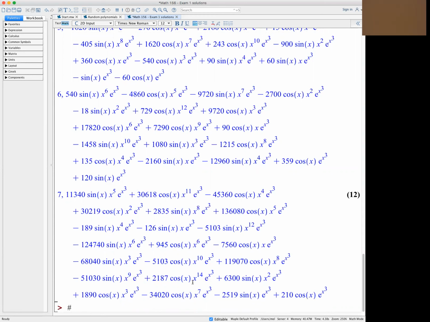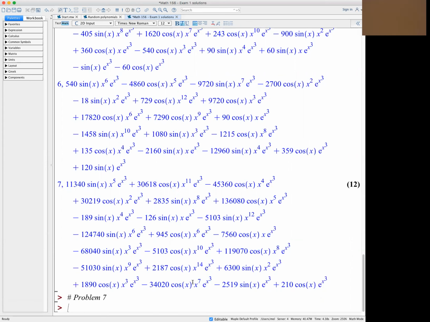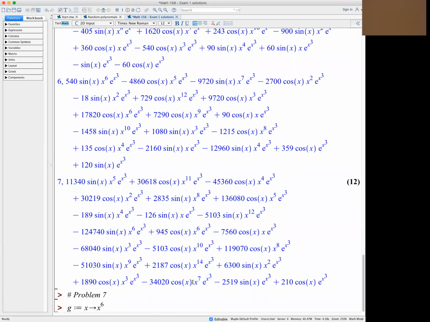Well, after problem 6 comes problem 7. We have 2 functions. G of x is x to the 6th plus exp of x.